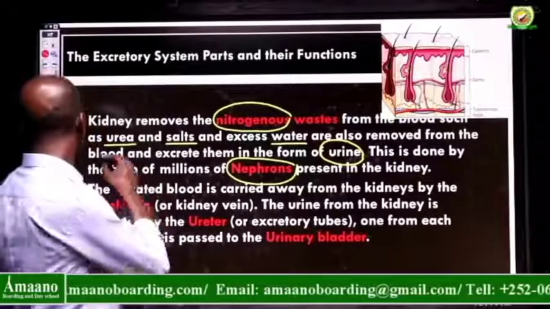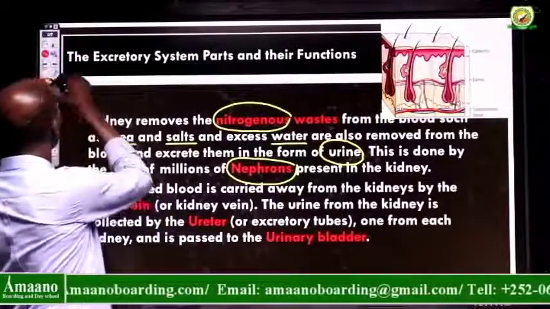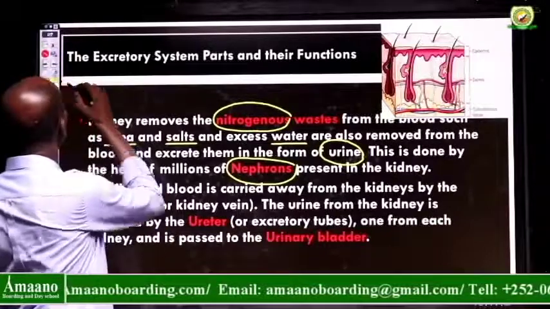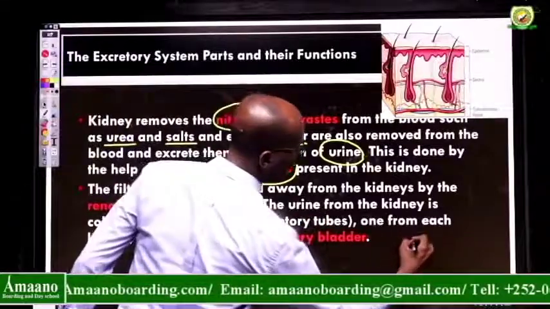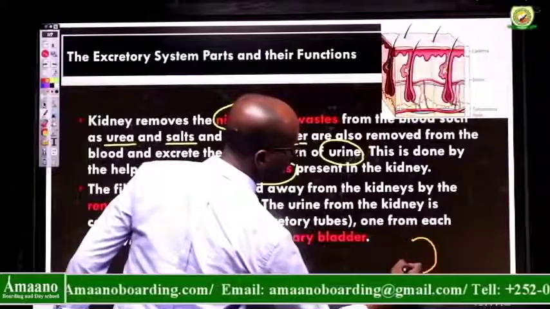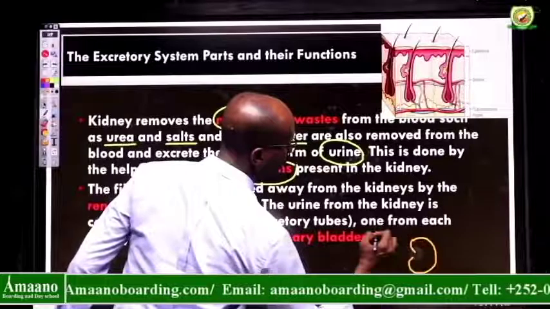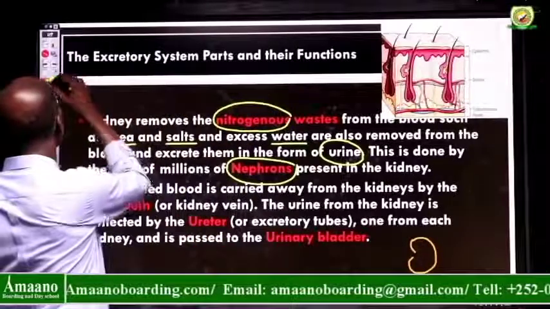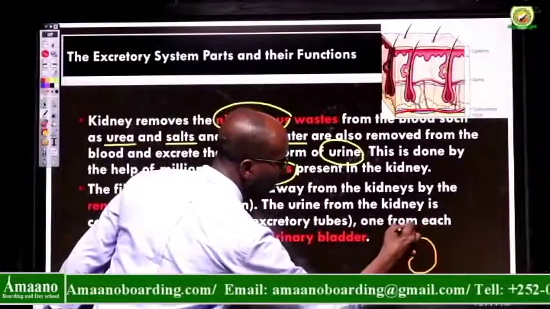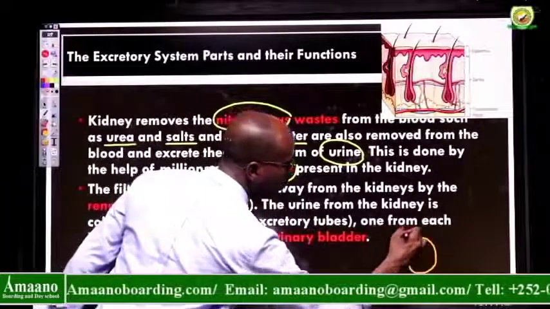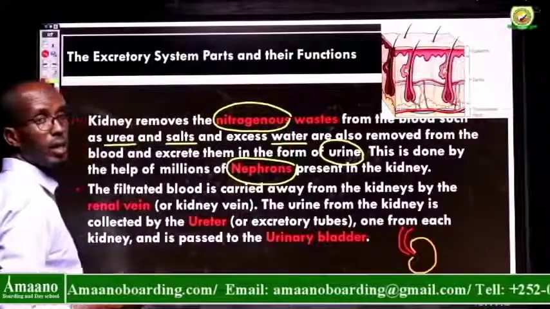If I try to draw the kidney here, it's something like this. It has a vessel which supplies blood to the kidney, and this is the renal artery.